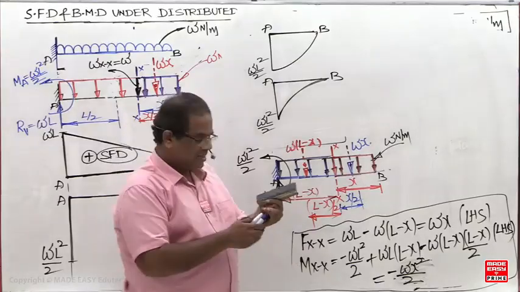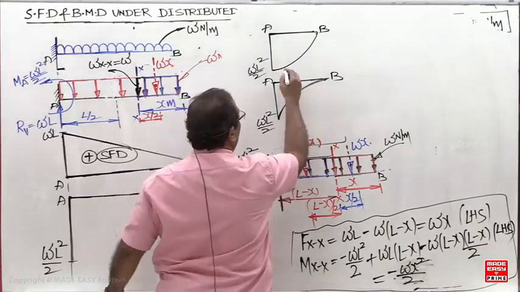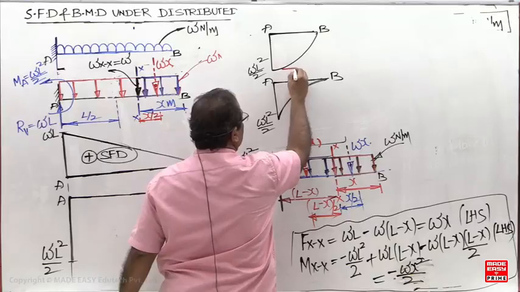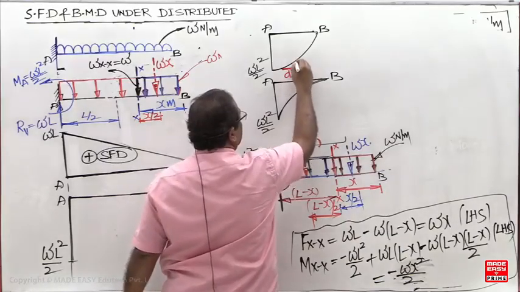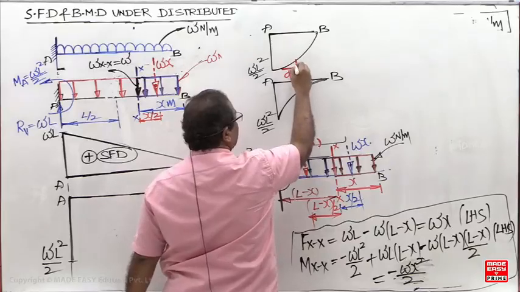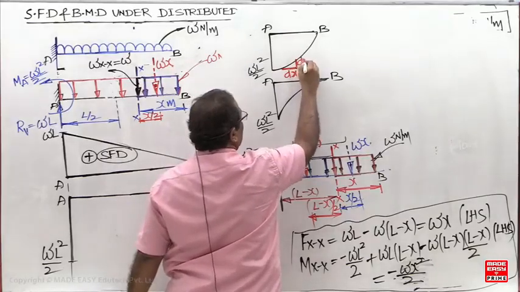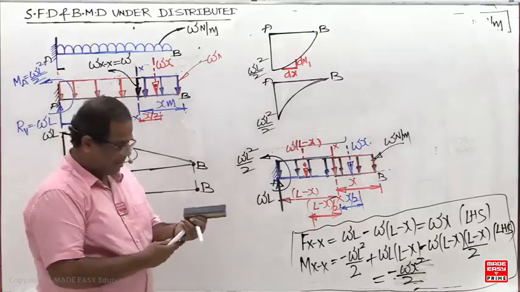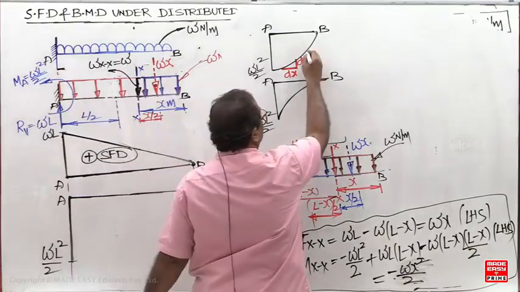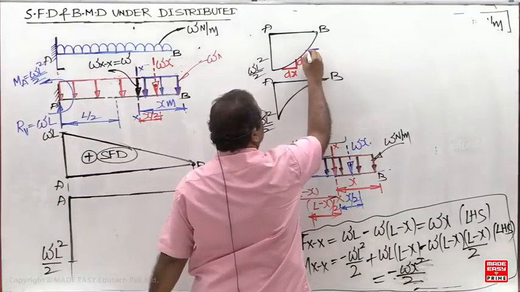Slope means dM by dx. Draw one horizontal line. Keep one horizontal line with a dx. Then draw one vertical line. This vertical line is dM1. So what is the slope here? dM1 by dx. Then keep the x coordinate the same.